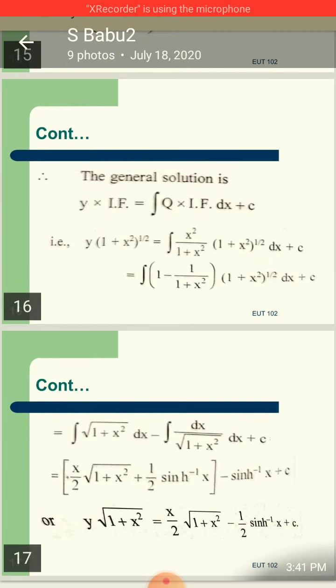Now if you simplify, then simply we will get y into root 1 plus x square is equal to x by 2 root 1 plus x square minus 1 by 2 sin hyperbolic inverse x plus c. Like that we can have the solution of a linear differential equation.